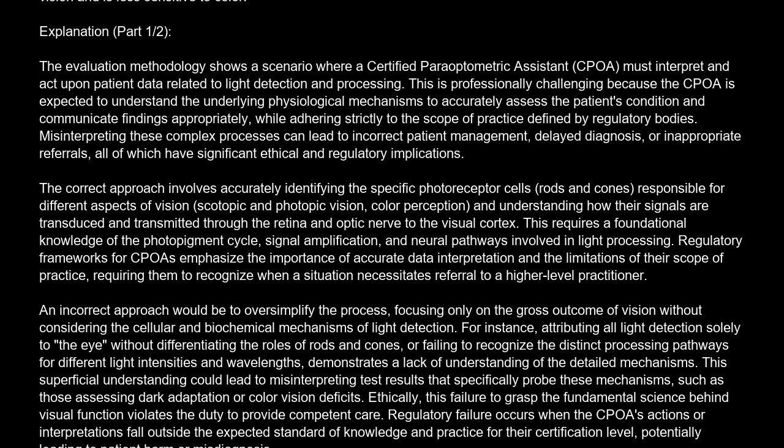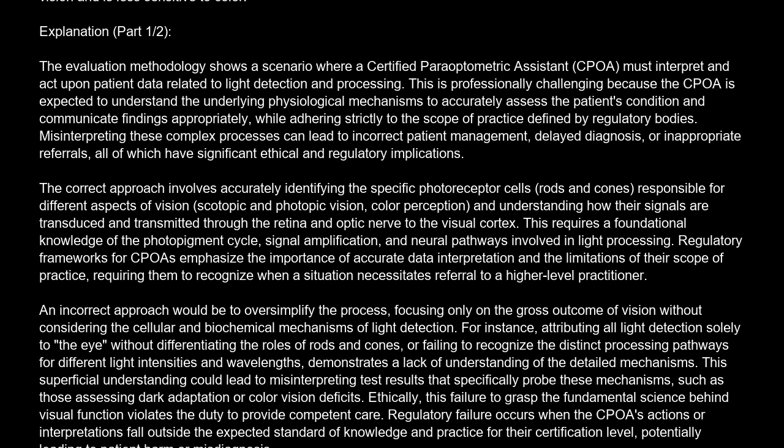This is professionally challenging because the CPOA is expected to understand the underlying physiological mechanisms to accurately assess the patient's condition and communicate findings appropriately, while adhering strictly to the scope of practice defined by regulatory bodies. Misinterpreting these complex processes can lead to incorrect patient management, delayed diagnosis, or inappropriate referrals, all of which have significant ethical and regulatory implications.